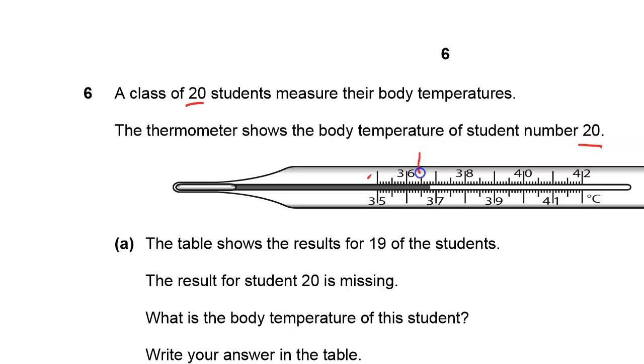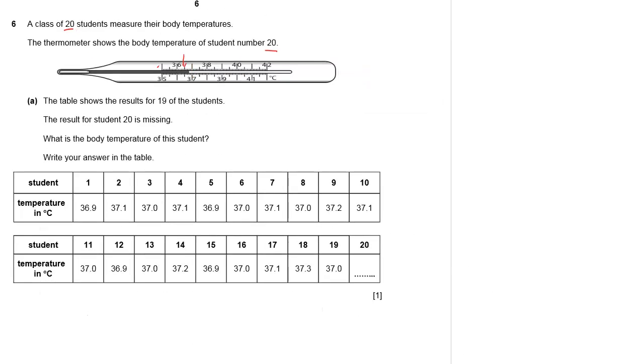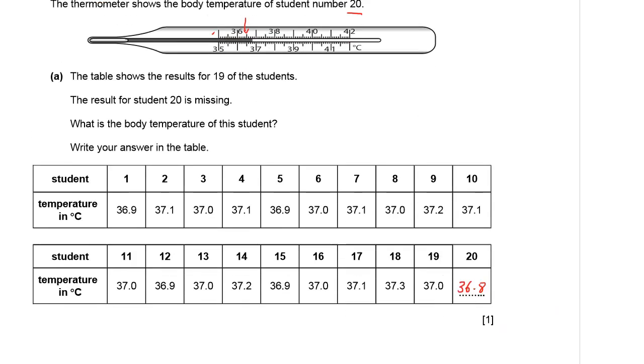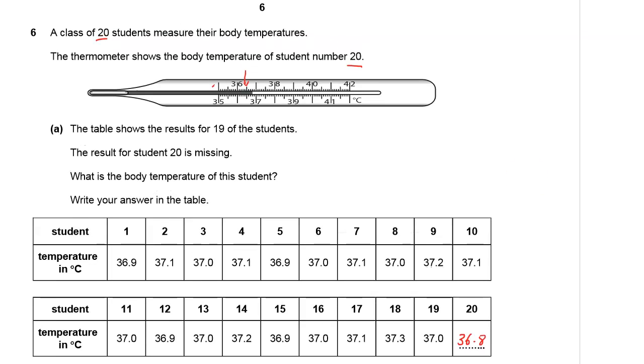This is 36.5, 36.6, 36.7, or it can even go to 36.8. I suppose I will go for 36.8. That is the body temperature of student 20.